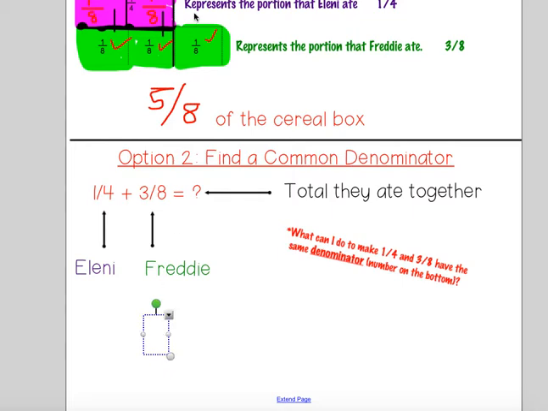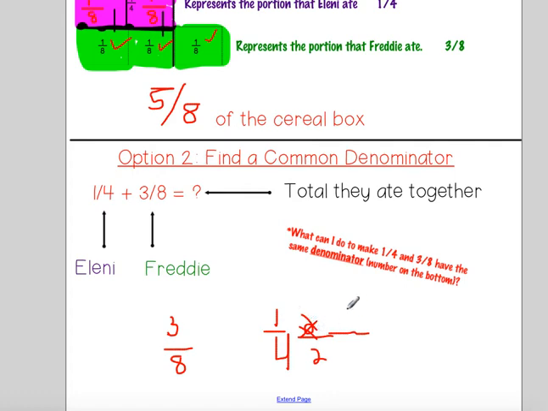So maybe I can leave 3/8 by itself and leave that as my common denominator and turn 1/4 into something else to make it have an 8 on the bottom. So 4 times what would give me 8 on the bottom? If you said 2, you are correct. 4 times 2 over 2 would give me 8 on the bottom.